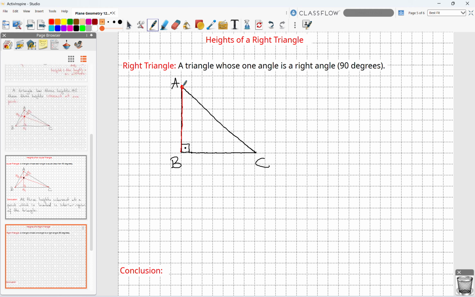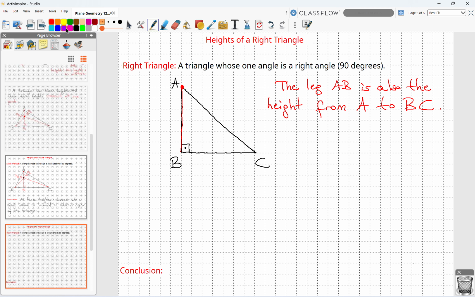It's because it's the perpendicular drawn from A to the line of the opposite side BC. So the leg AB is also the height from vertex A to the line BC, right?